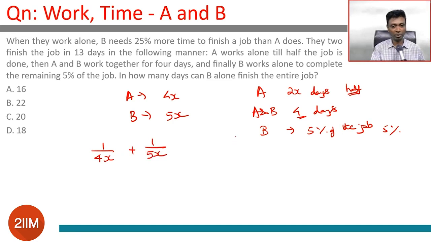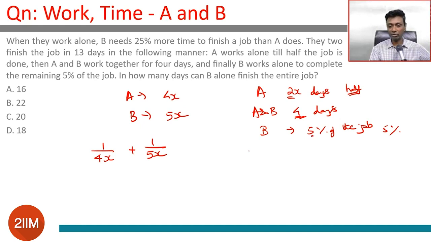This is what they can complete in one day. So A works for 2x days, and then A and B work for 4 days, and then B does 5% of the job working alone.